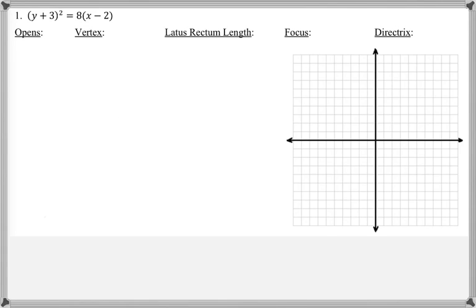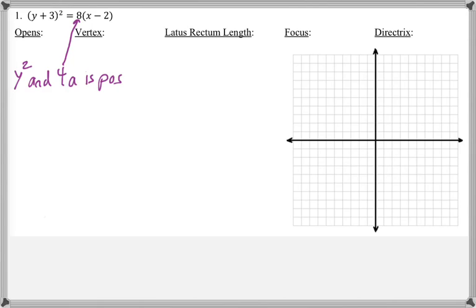Looking at number 1, I first want to figure out which way it's opening. I see that the y is the term that's being squared. So y is being squared, and that means it's going to be opening either to the left or to the right. Then if I look at 4a, which is right here, it's the 8, that is positive.